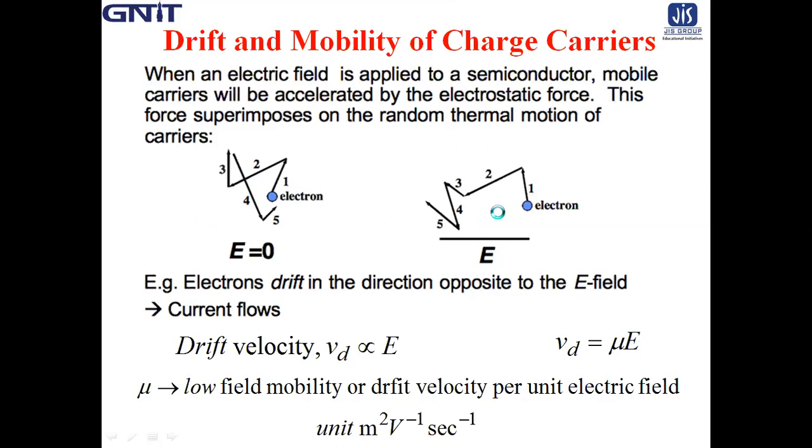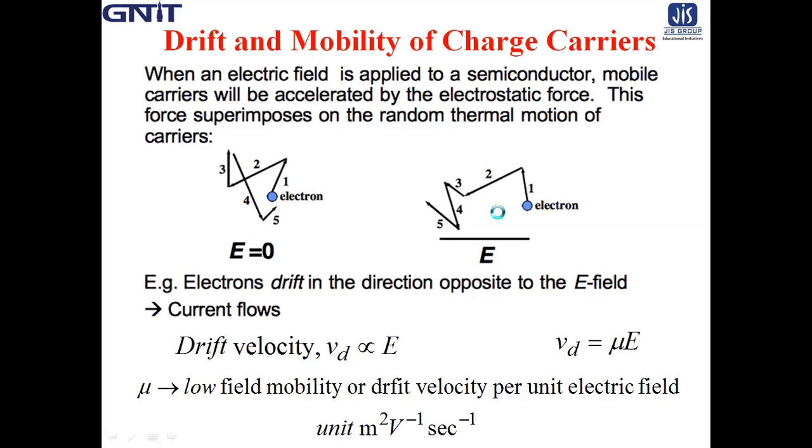Owing to the random nature of collisions, the number of electrons crossing a given cross section at a given time in a particular direction is the same as those moving in the opposite direction. So the net current flowing through the semiconductor is zero.